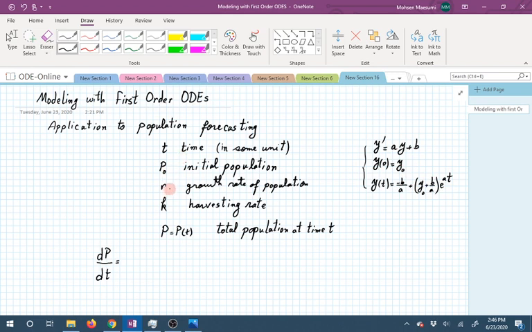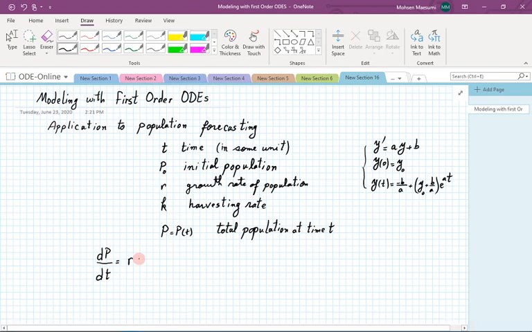How are we expecting this population to grow? As usual, we have two sources that are going to influence the growth of the population. One is that the population is going to grow by itself, and that is proportional to how many members of the population we have and what the growth rate is. So first, simply the change in the population is due to these two factors, r and P itself.